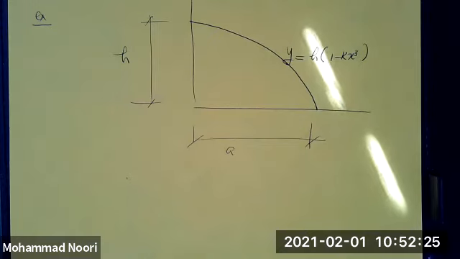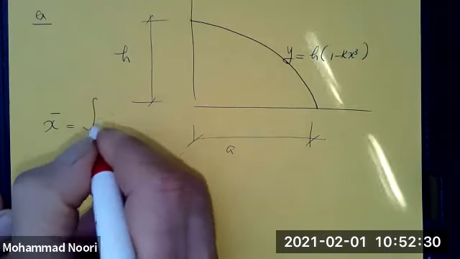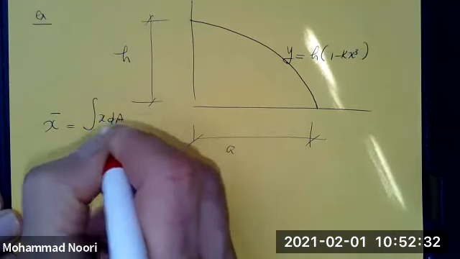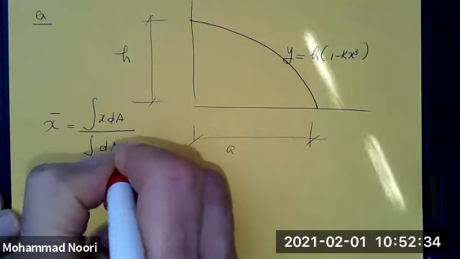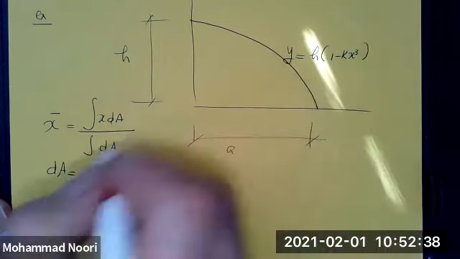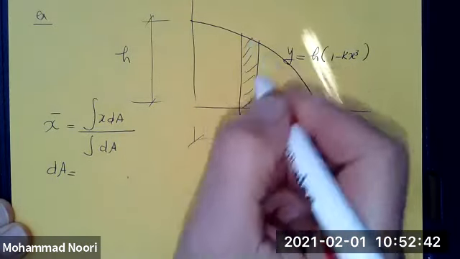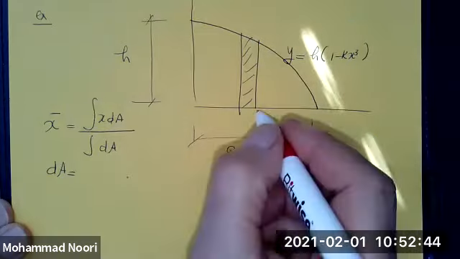So what is the procedure? We start with x bar. X bar is the integral of x dA over the integral of dA. I said you start with dA first. For this case, take a differential area with sides parallel to the y-axis.